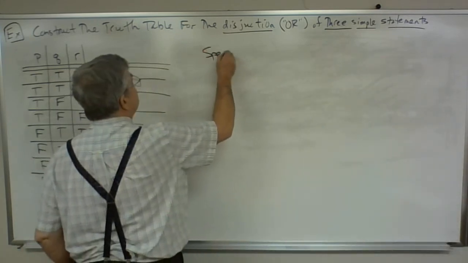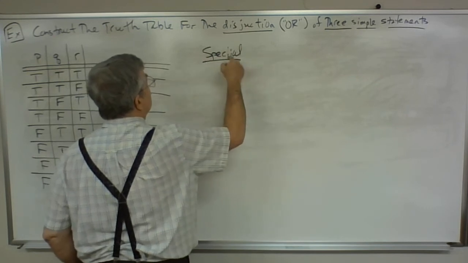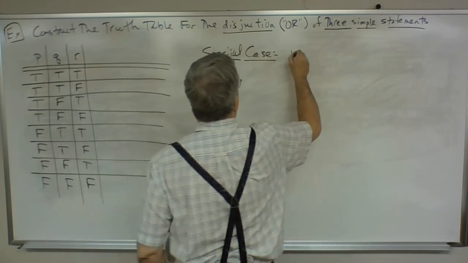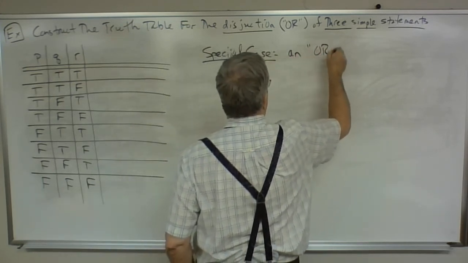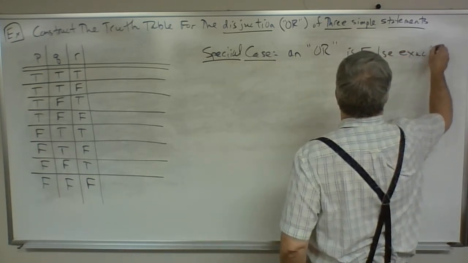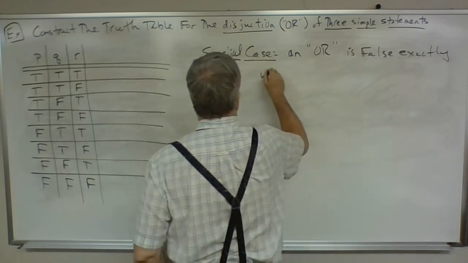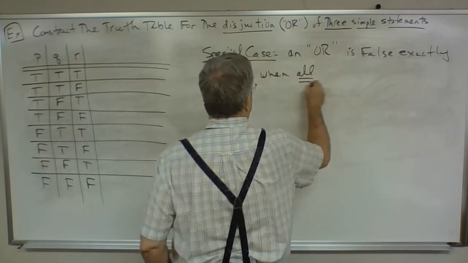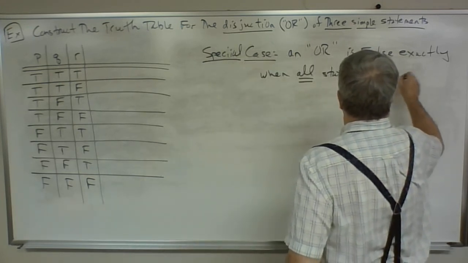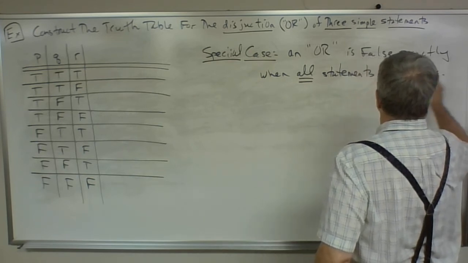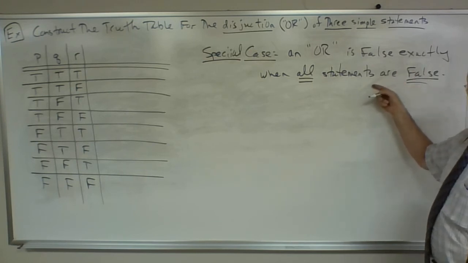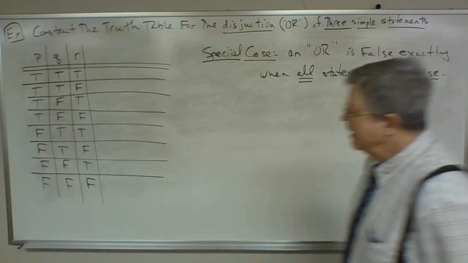So let's see, special case. A disjunction or an or is false exactly when all statements are false.